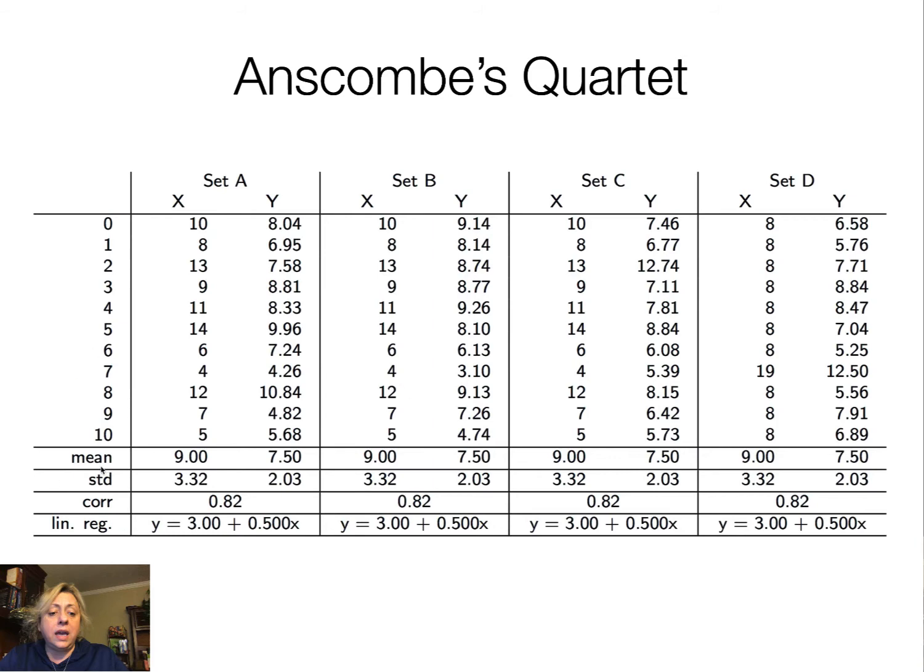If you sum up all the values of x and divide by the number of values, 10, you get the mean, and you notice that the mean of x for data set A is exactly the same, number 9 here, exactly the same for set B, for set C, and for set D. Also, if you do the mean for y for set A, you will find it's exactly the same for each one of those. Then if you do the standard deviation, you'll find exactly those values are the same.